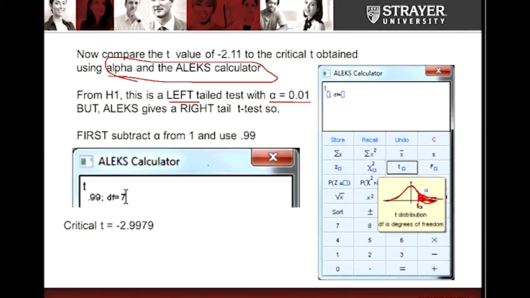Well, we need a left-tailed test. So first, we're going to subtract your alpha from 1, and we're going to actually plug in 0.99 instead of the 0.01. So plugging that into ALEKS, you get 0.99, and the degrees of freedom was 7. So the critical t that you get back is negative 2.998.